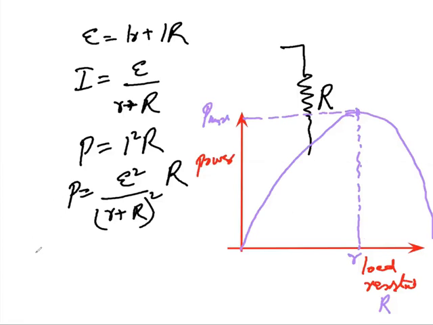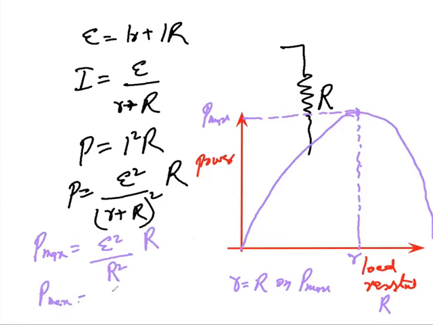So if you want to calculate the maximum power, it will be equal to E square over, as at maximum power my internal resistance is equal to load resistance, so this R will be equal to this R, that is R square into R. So your maximum power will be equal to E square divided by 4R.